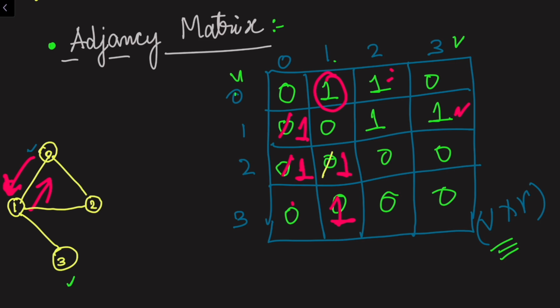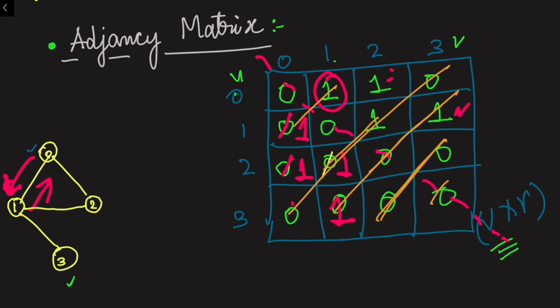If you draw a line along the diagonal, the matrix will be symmetric. This and this will be equal, diagonally all of them will be symmetric.